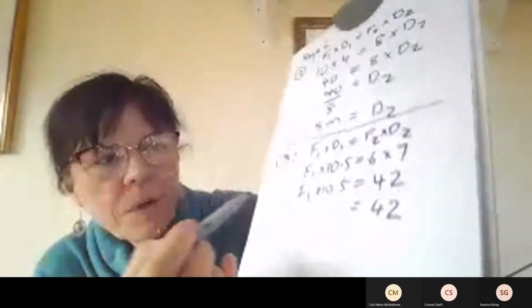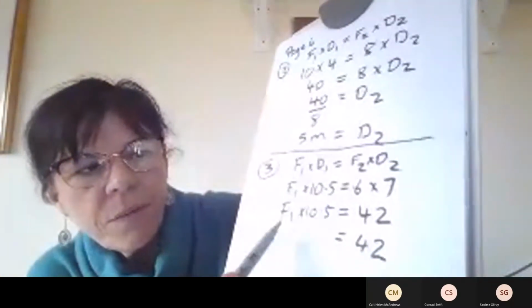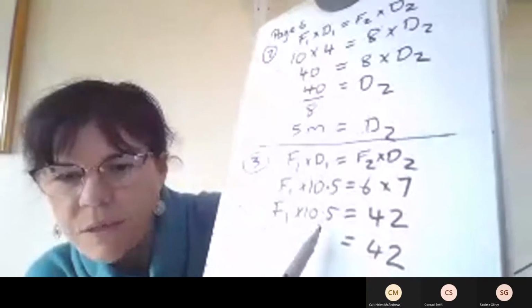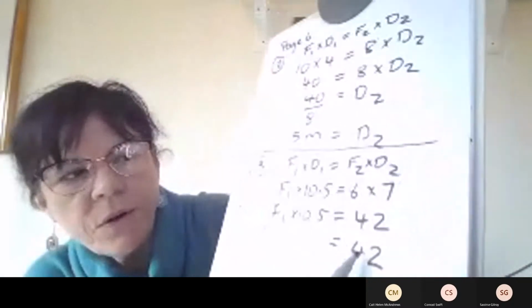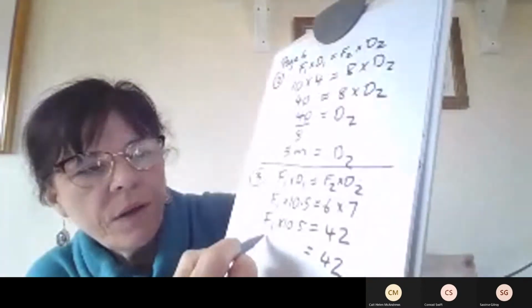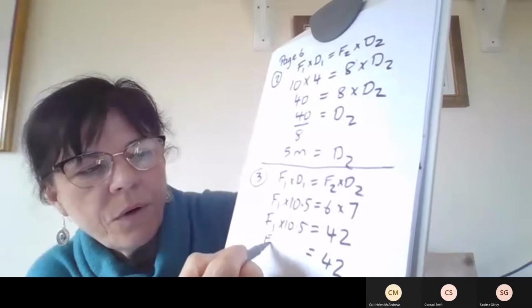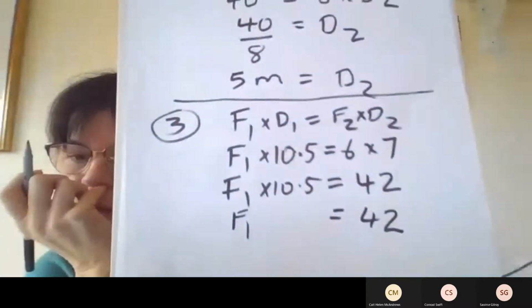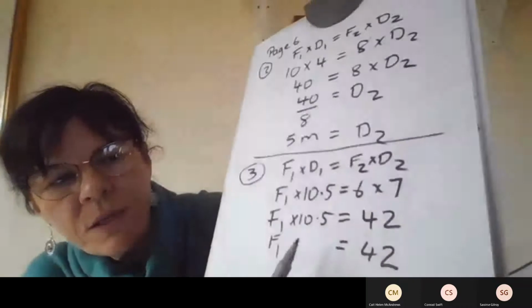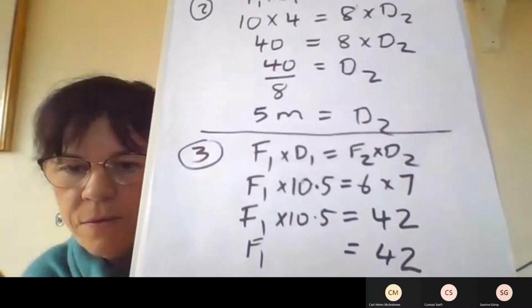Okay, so we want to work this out, and you might need a calculator here, but you're saying what times 10.5 will give you 42? Now if you had a calculator, you would get F1 on its own on one side of the equal sign. So we have to get rid of the 10.5.